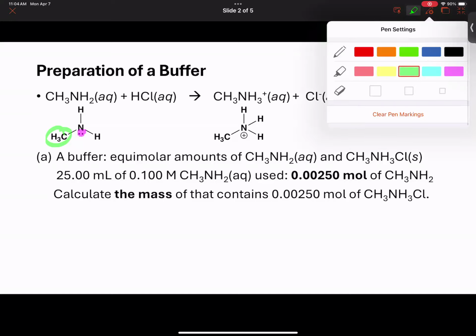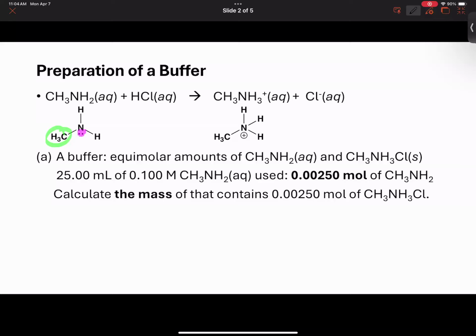In aqueous solution, hydroxide ion is a strong base. So anything that contains hydroxide ion, such as sodium hydroxide solution, potassium hydroxide solution, calcium hydroxide, barium hydroxide solutions, they are all strongly basic solutions.